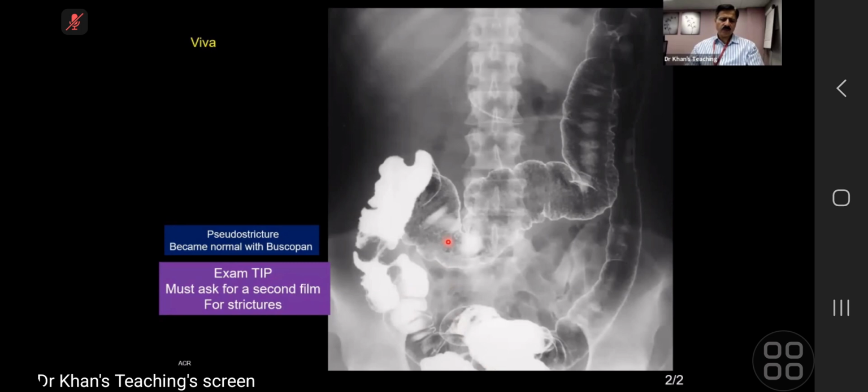Now, this is a film of ulcerative colitis. I'm going to show you many films of ulcerative colitis and also Crohn's disease. If you go back to your pathology, please remember the difference between the two. Ulcerative colitis just involves the large bowel, whereas Crohn's disease can involve anything in the GIT.